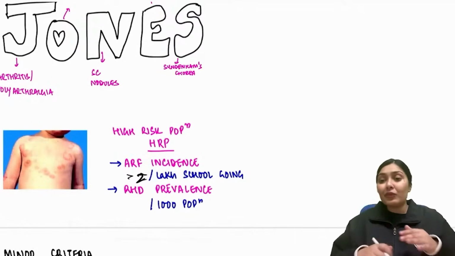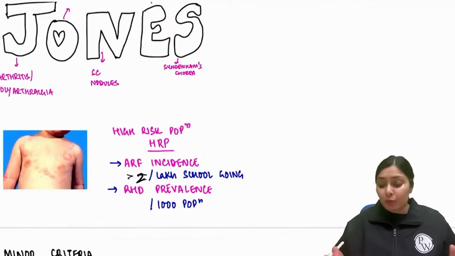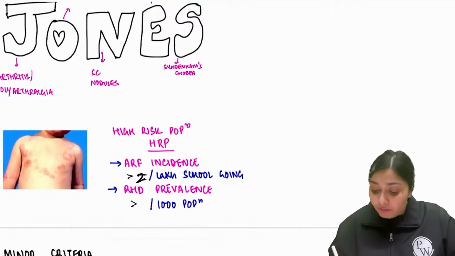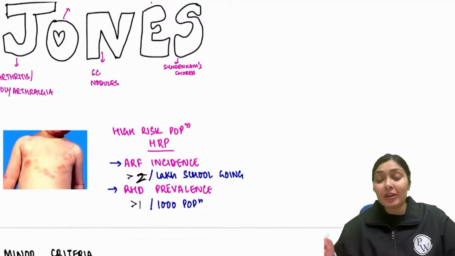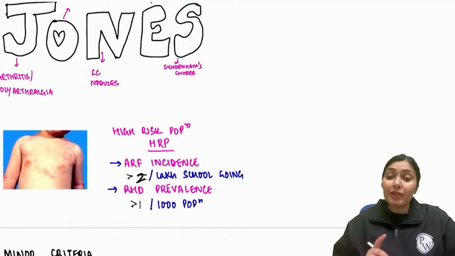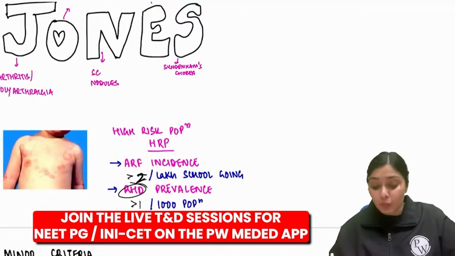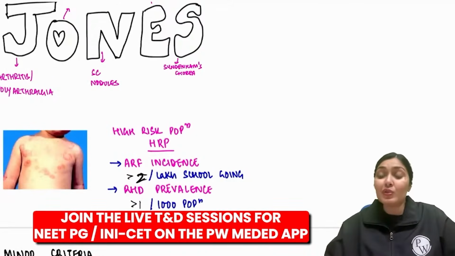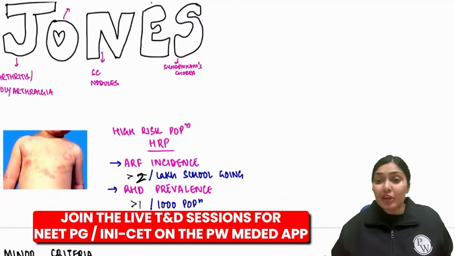Incidence of rheumatic fever will be in a school going population, prevalence would be in the normal population, right? So if the incidence of ARF is more than 2 per lakh of school going children, and if the prevalence of rheumatic heart disease is more than 1 per thousand population, this is known as a high risk population.